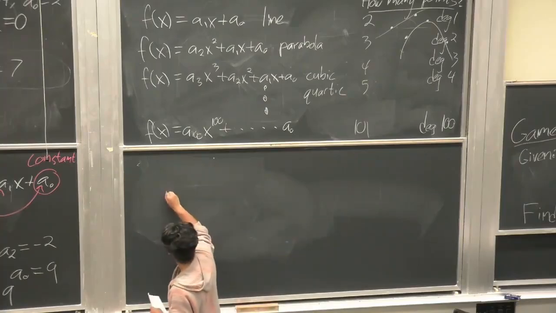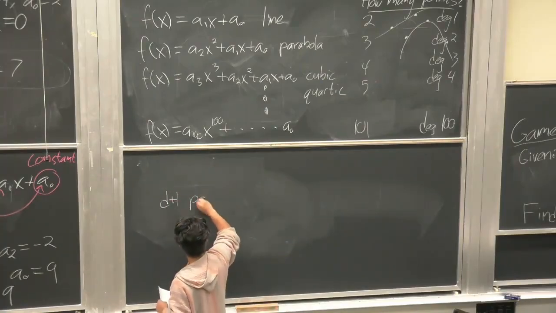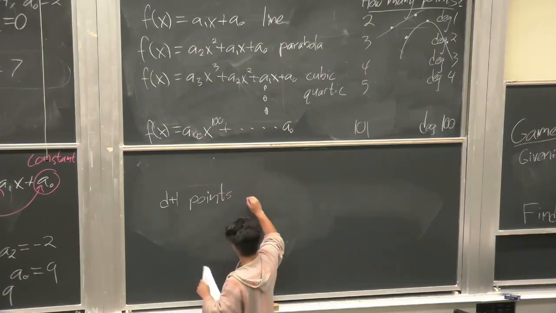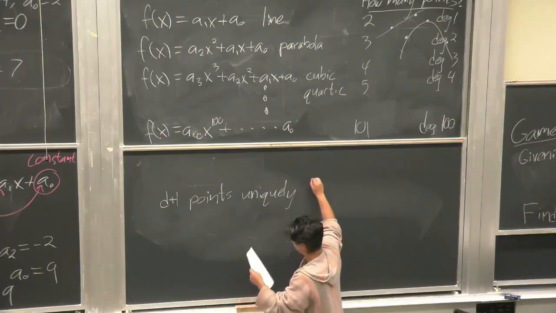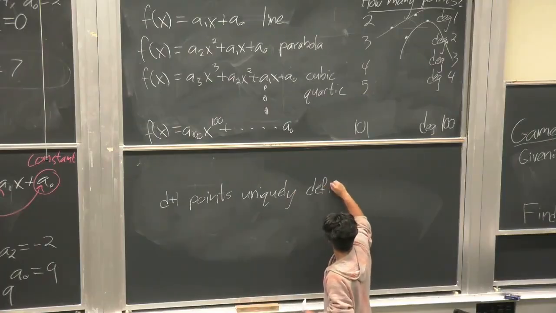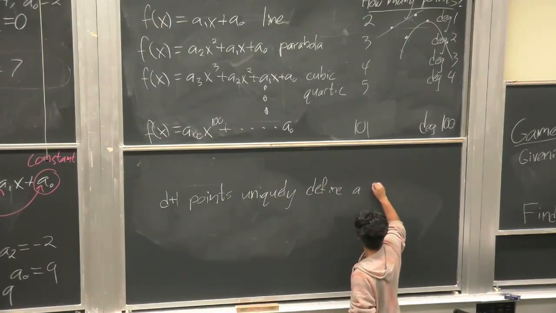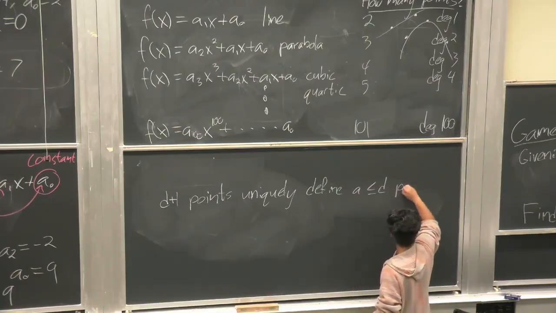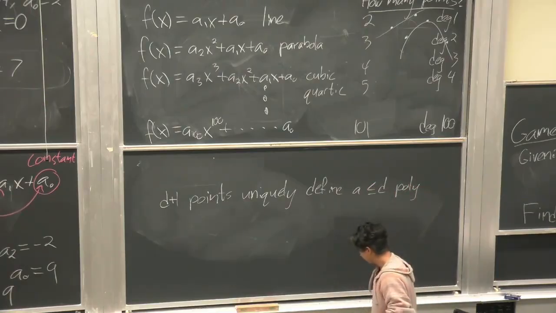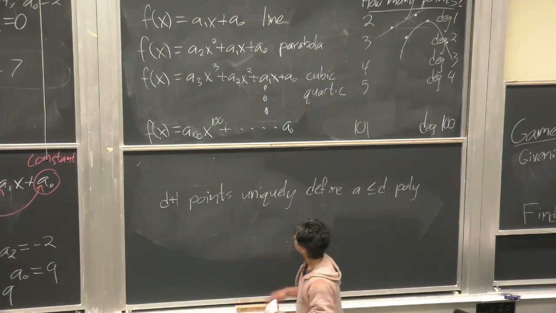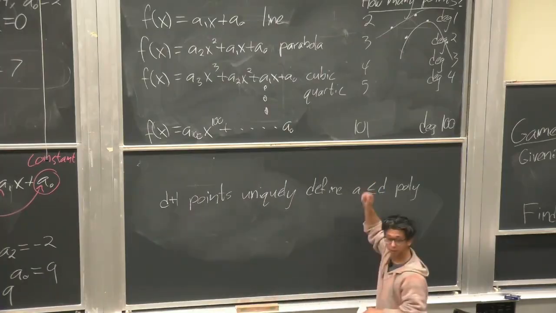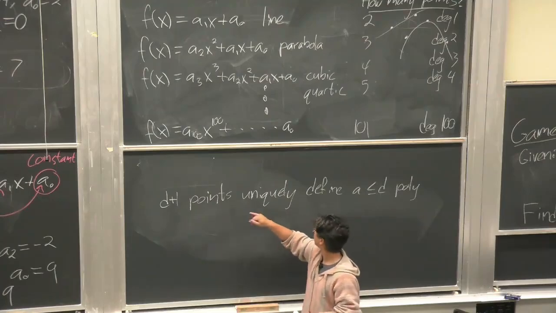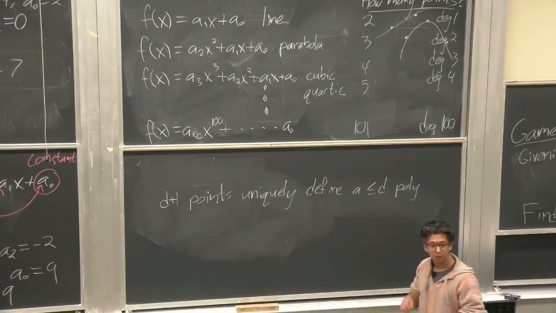Basically, the conjecture is d plus 1 points uniquely define a polynomial. Great. So here's one conjecture. d plus 1 points uniquely define a degree d polynomial. This is basically what we were just conjecturing up there.